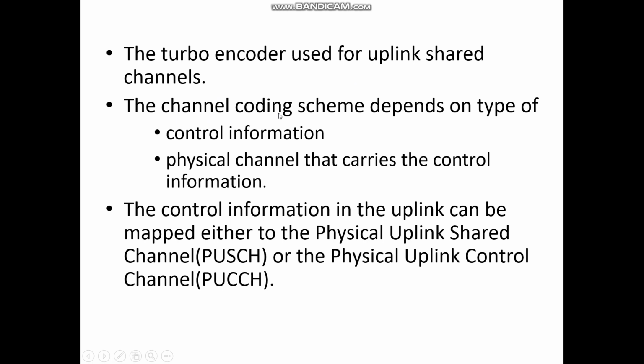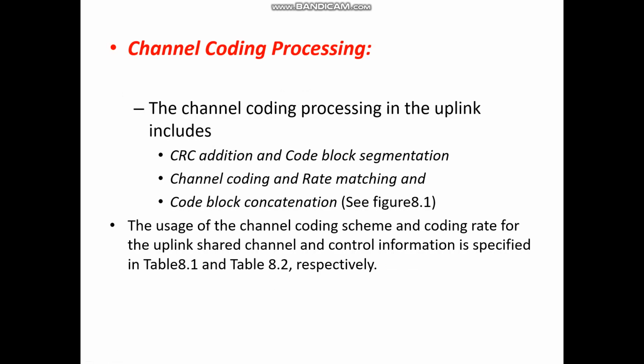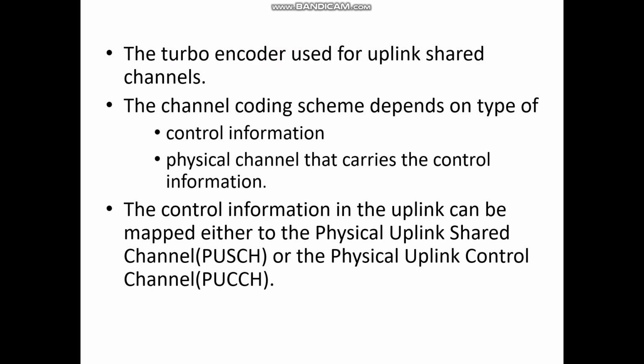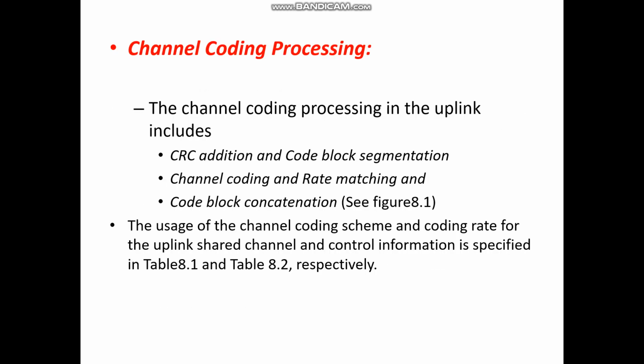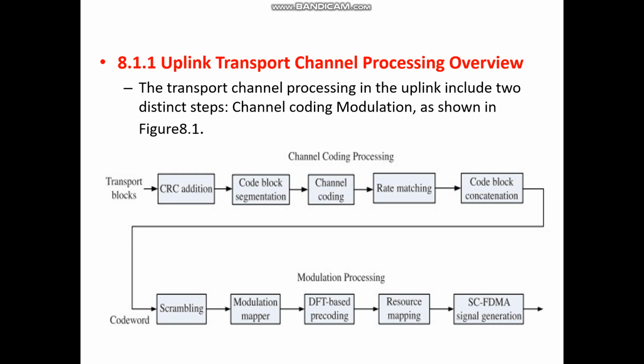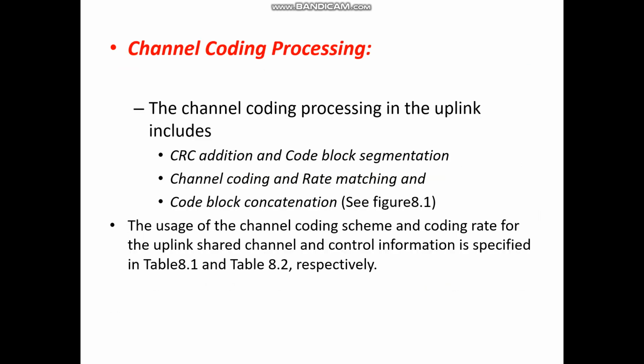Also, the channel coding scheme depends on the type of control information and the physical channel that carries the control information. This control information in the uplink can be mapped either to the physical uplink shared channel PUSCH or the physical uplink control channel PUCCH. So this is about how channel coding processing happens. These things we have already seen in module 3 as well, when it was about the downlink discussion.